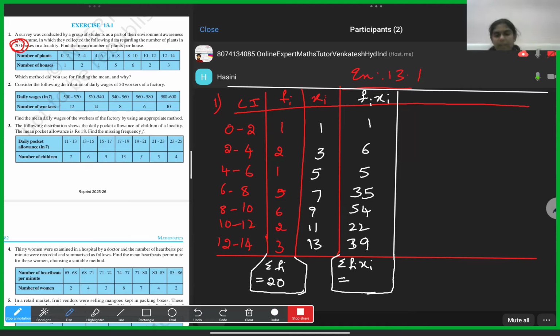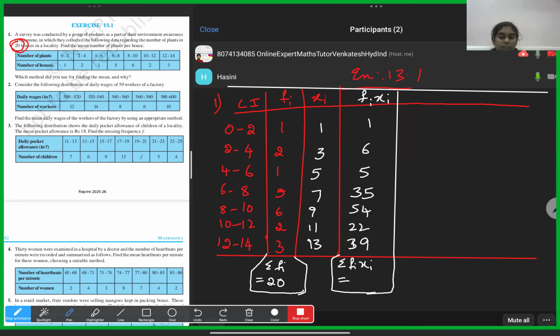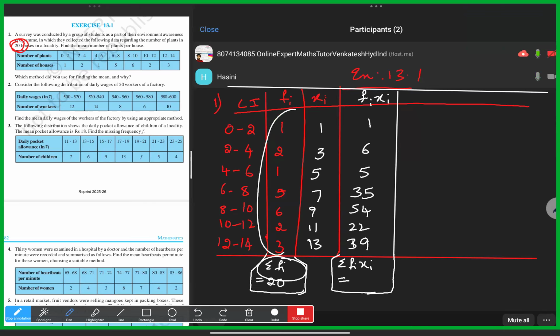Could you repeat what is sigma, sir, over here? Sigma means adding, Hasni. Sum of all the values that are present in this fi xi column. That is the meaning. So sigma fi means the sum of all the values present in this column.